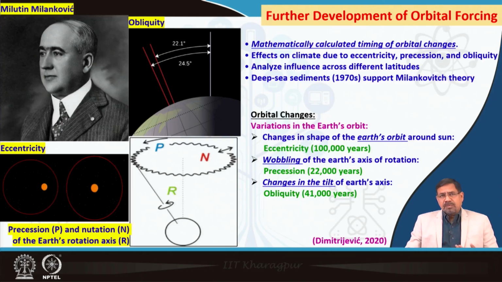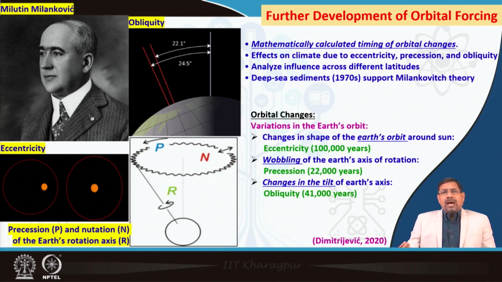Now, taking this forward, this gentleman, the great Milanković, expanded it. Mathematically, he calculated the timing of orbital changes. So, what he explained were the effects on climate due to eccentricity, precession and obliquity.